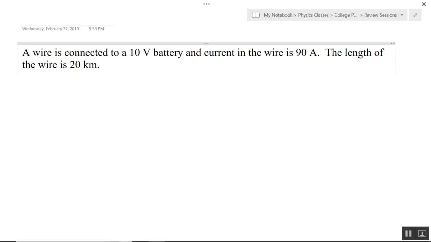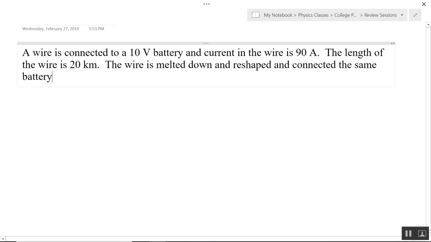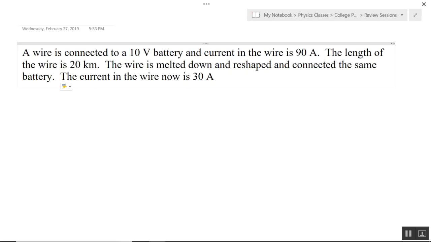Something like that. The wire is melted down and reshaped and connected to the same battery. The current in the wire now is 30 amps.